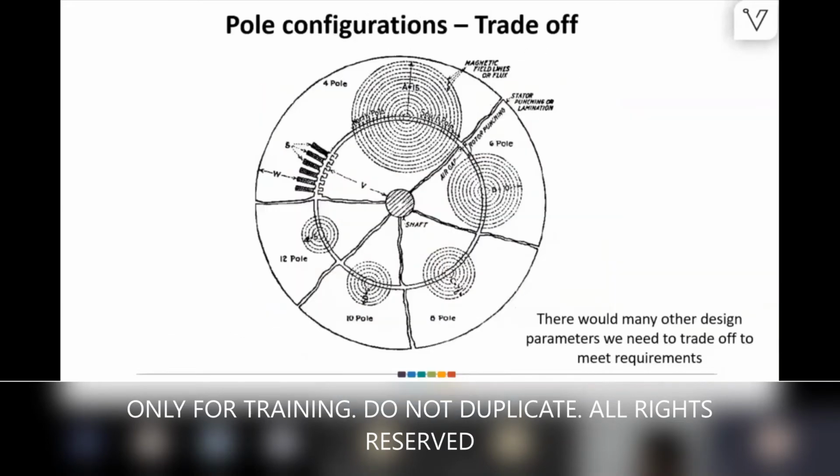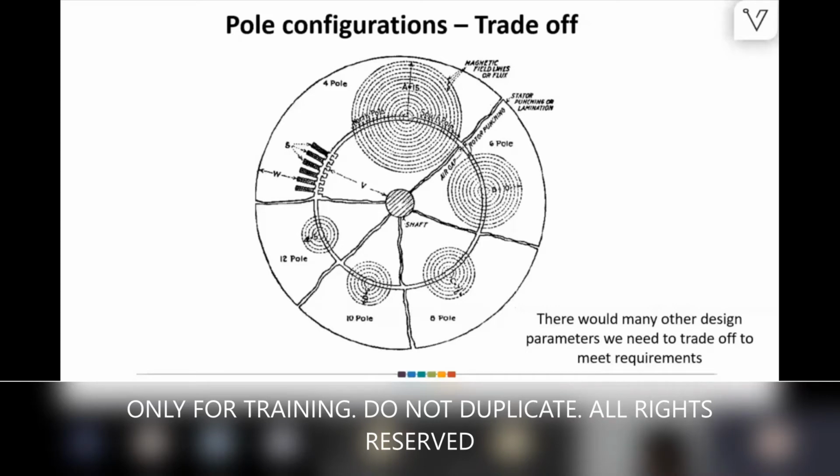Now, another consideration when you talk about the machine: how many poles, what is the speed, 6 pole, 8 pole, 12 pole, because this is where the inverters start kicking in. The more poles you have, the higher the speed. It's a high speed machine. You can really reduce weight, because you see the back iron here is reducing.